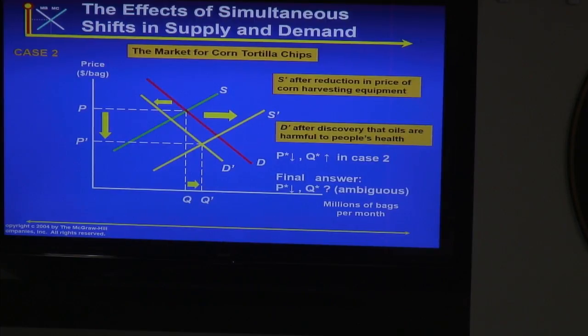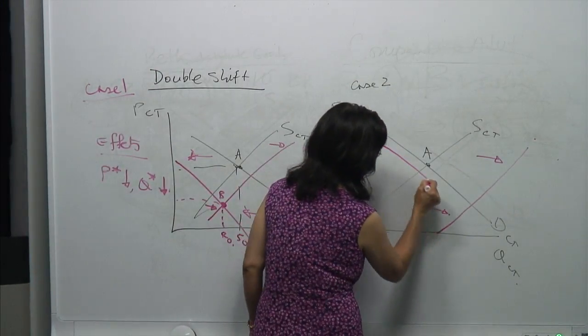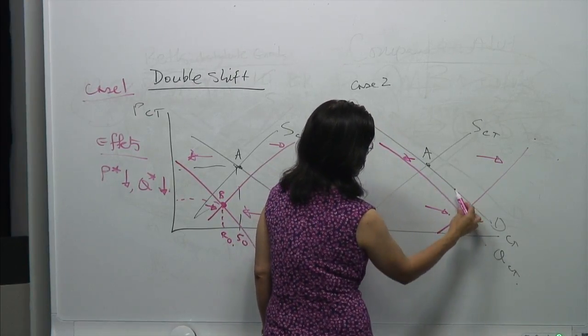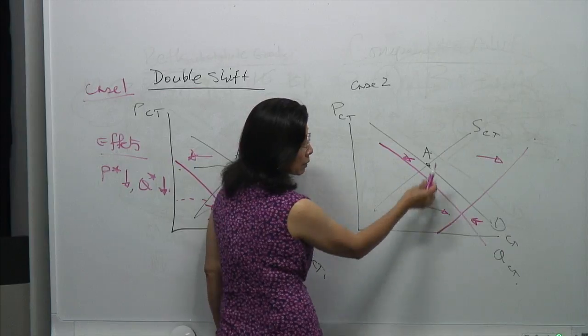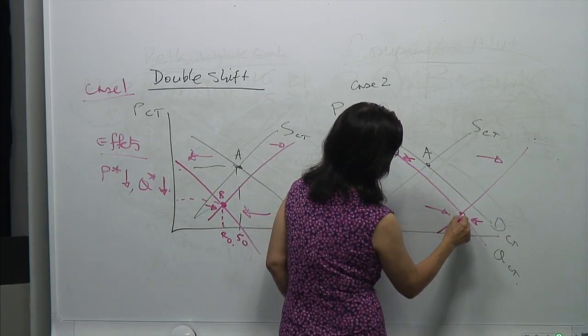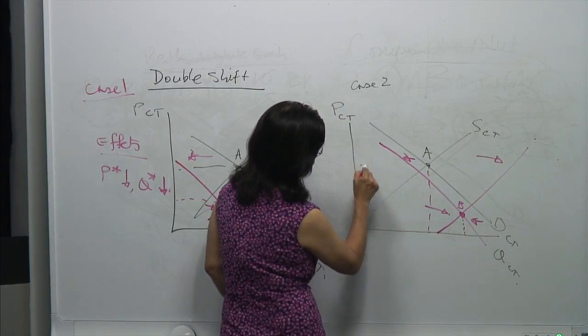So it shifts to the right, but people are not reacting so drastically to that harmful oil news that they hear. So you see, I shift the demand curve only a little bit, but I shift the supply curve a lot more to the right. Where the 2 red lines intersect is your point B.